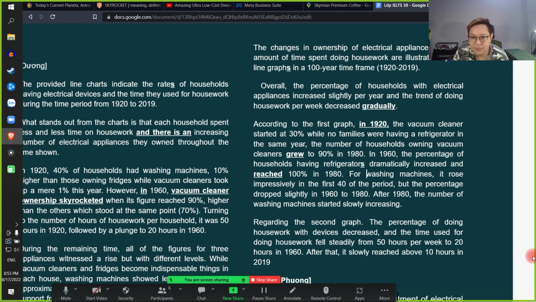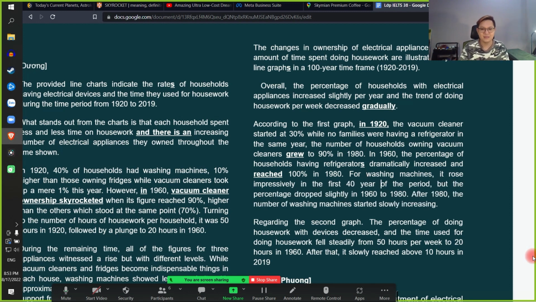A washing machine, it rose impressively in the first 40, what? Trời ơi, sao bài của em thiếu tùm lum vậy? In the first 40 years of the period. Nó gia tăng ấn tượng trong vòng 40 năm đầu tiên của cái thời kỳ này. Cái chuyện mà viết thiếu, viết tùm lum như vậy á, người ta không hiểu được, rớt điểm xuống 5 chấm ráng chịu nha.